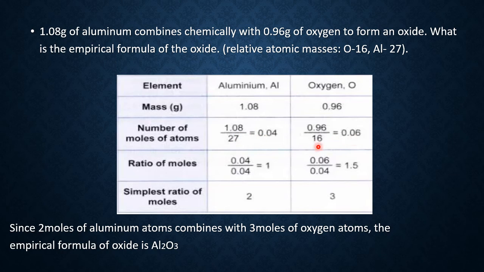Divide by it, and the answer is 1 is to 1.5. Again it is fractional, so to round off, 1 is to 1.5, if I take 2 here, 2's 2 and its half equals 3. So 1 is to 1.5 is nothing but 2 is to 3. Therefore, the empirical formula for this oxide of aluminum is Al2O3.